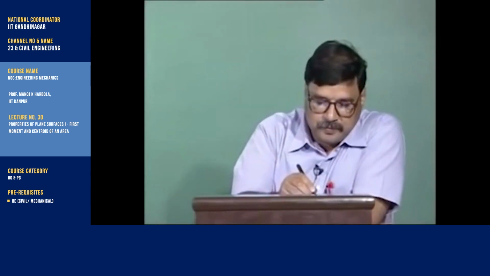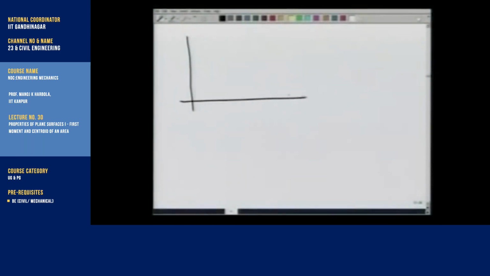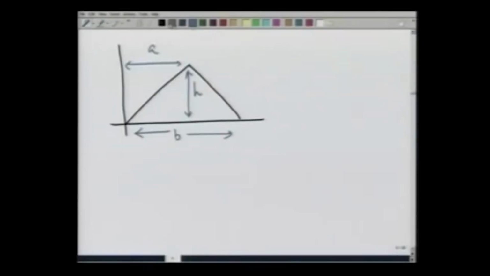It is for a triangle which is given like this, with this distance being b, this being a, this height being h, the x coordinate is 1/3 of a plus b, and y coordinate is equal to 1/3 of h.